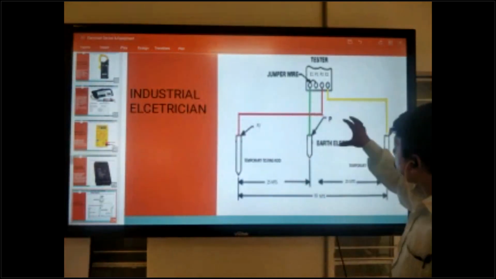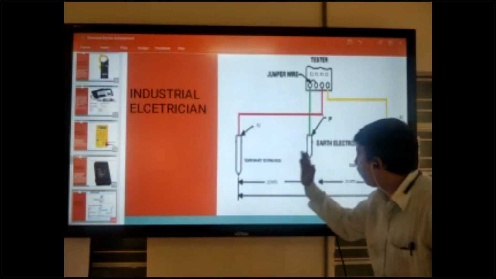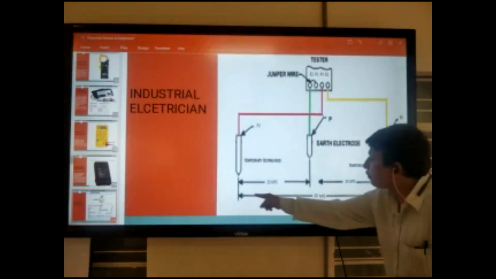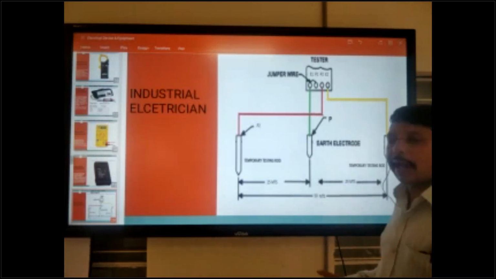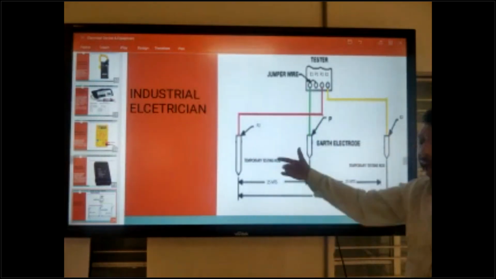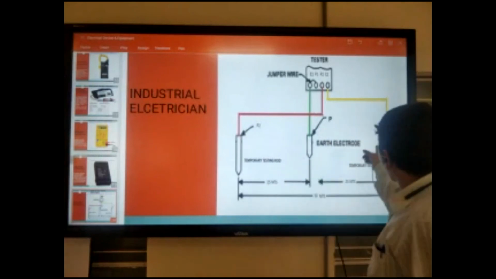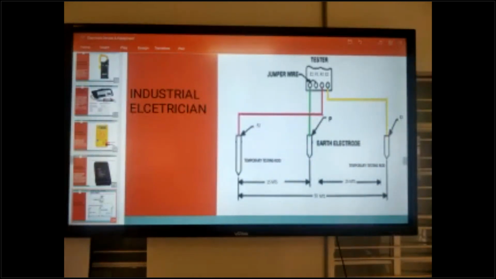But if you want perfect checking, we need 25 meters from the center, the permanent rod, on one side, and another 25 meters on the other. So the total distance from temporary rod to temporary rod is 50 meters. Sometimes the distance is not enough, and we can adjust the distance. In building projects we do not always have this distance, so we maintain whatever distance is available. But if you want to find the correct resistance value, you should follow this distance.